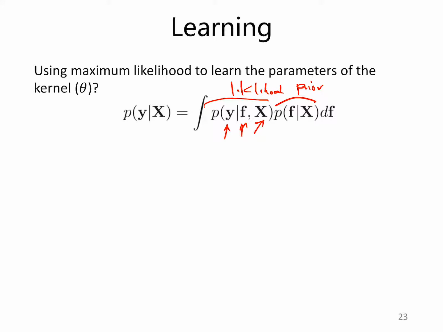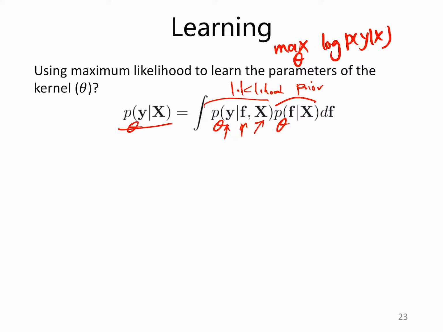If I integrate out the effect of f, I'm going to have a marginal likelihood that has some parameters hidden in it. These are parameters of, for example, the kernel, or can be parameters of the likelihood. Whatever parameters you have here or here, they are going to be here. You want to learn those parameters. So now the goal is that I want to maximize this log of p(y given x).